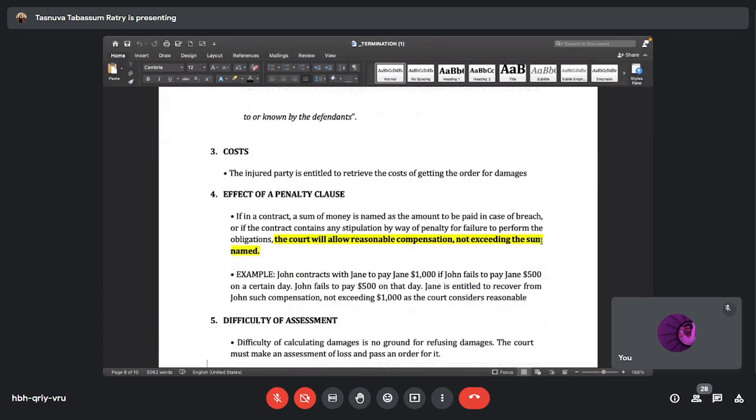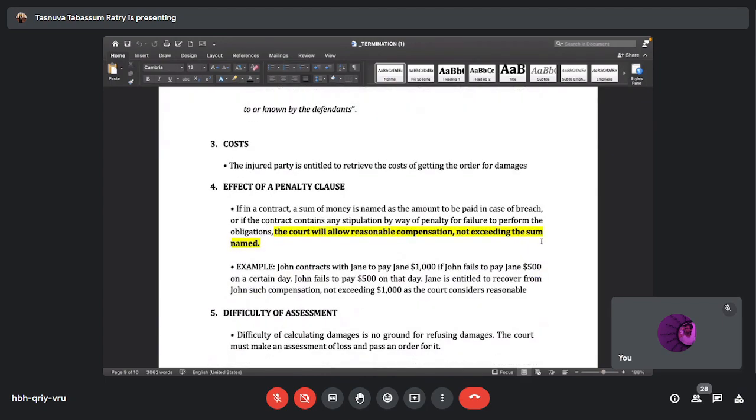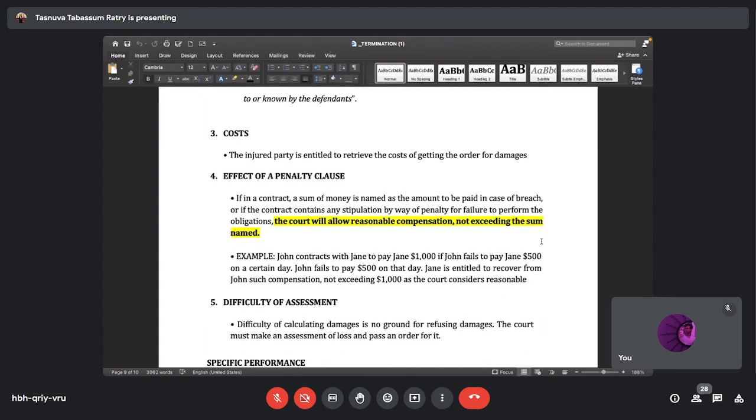So, when we are calculating damages, the actual losses as well as the usual losses are taken into consideration. Then, the third thing that is also added to the damages is the legal cost. Of course, if you claim any damages, you will not claim by phone, right? You will have to file a case.